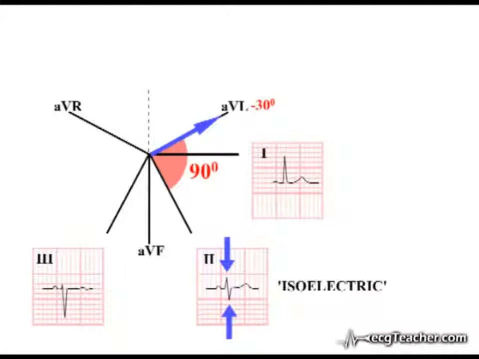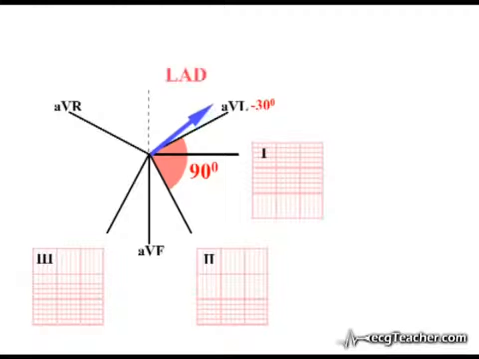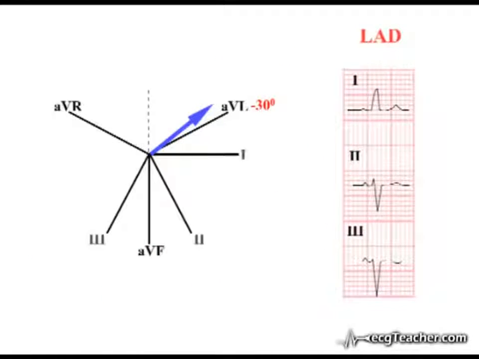Once the axis moves beyond AVL into abnormal territory, the QRS complex in lead 2 becomes overall negative, with an S wave larger than the R wave. This pattern of a strongly negative QRS complex in lead 3, combined with an overall negative QRS in lead 2 and a positive lead 1, is instantly recognizable as left axis deviation.